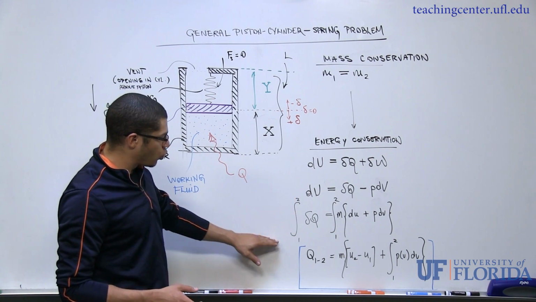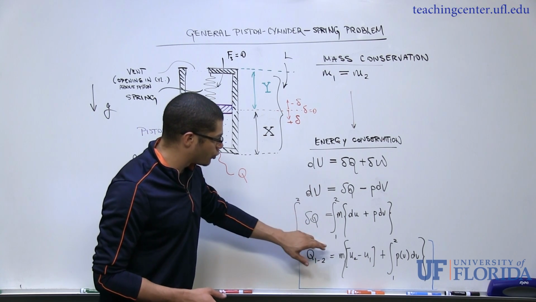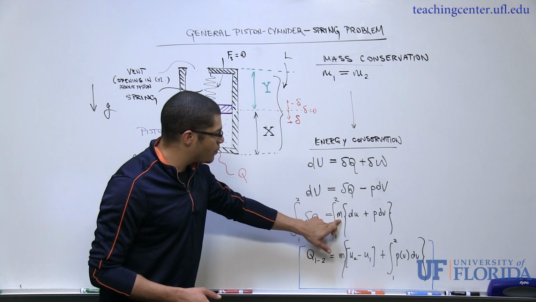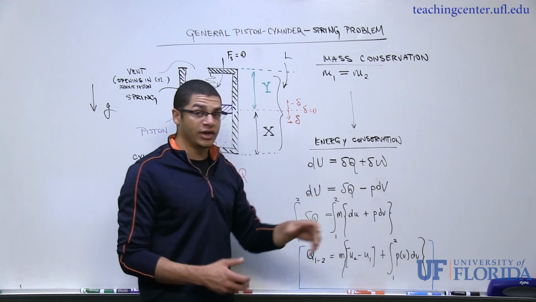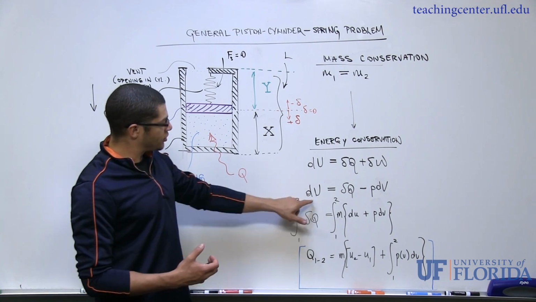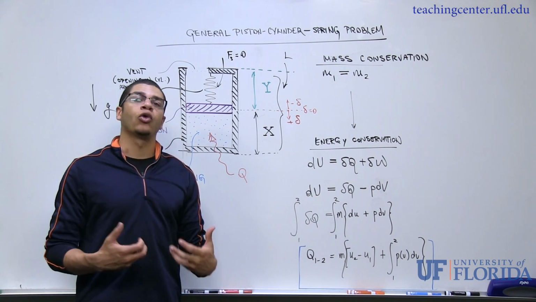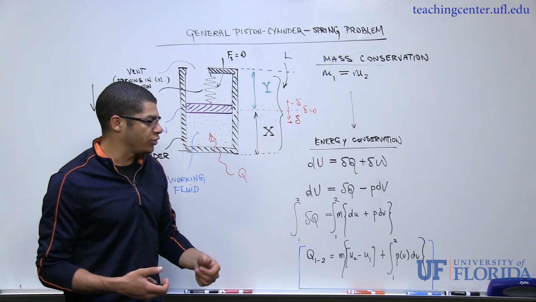But going back to just 1 to 2, the integral of del Q from 1 to 2 is equal to, what I've done is taken the mass out of both of these expressions here. So realize that this capital V is the total volume of the working fluid, not the specific volume, and this capital U is the total internal energy of the working fluid, not the specific internal energy.